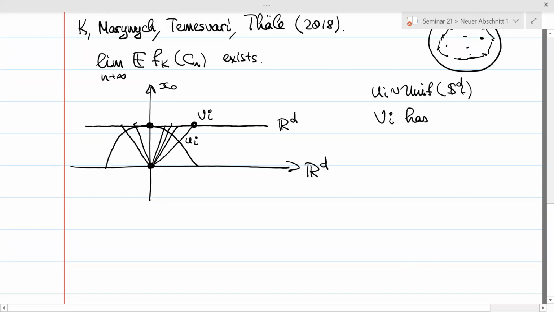So it has a density on R^d, which looks as follows. Maybe you know what is the density of v_i if d is equal to 1. So if we are in the plane, like on this picture, what is the density of v_i? I think it's a well-known fact from probability theory that if you have a random direction and intersect it with a line in this way, then you get here some distribution on this line, which is a well-known distribution.